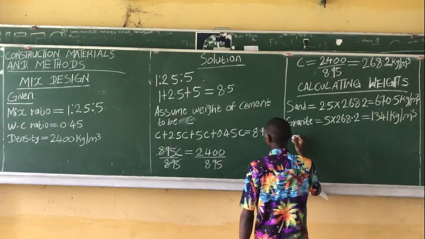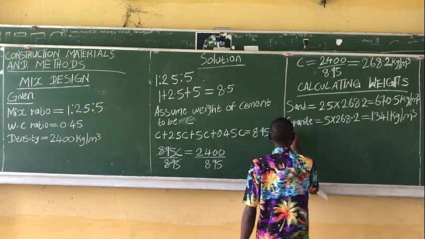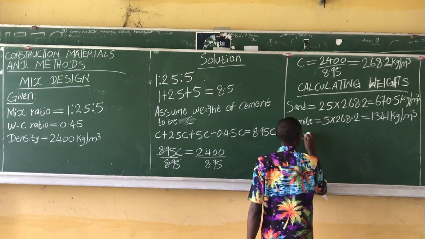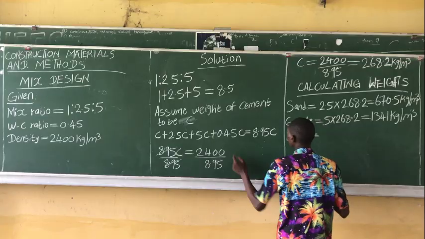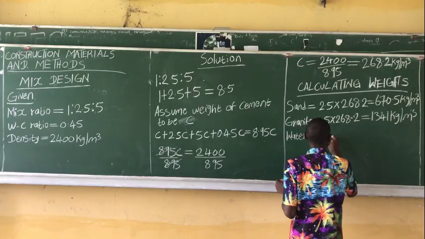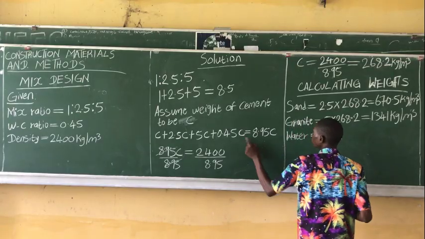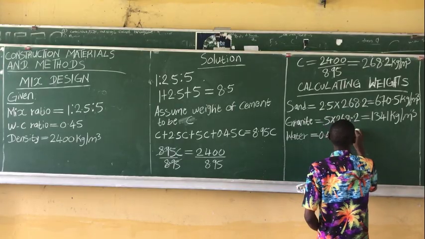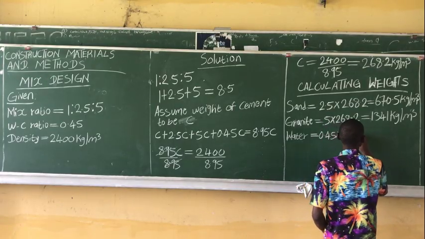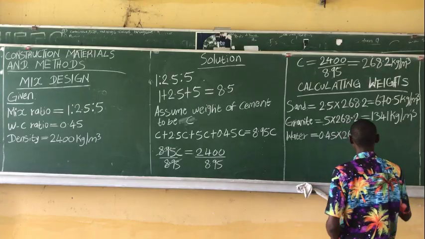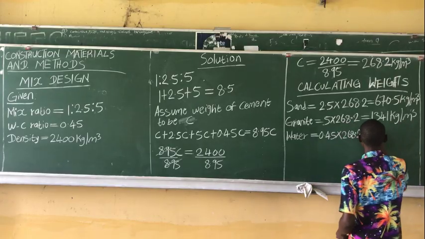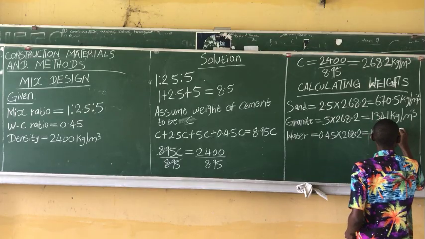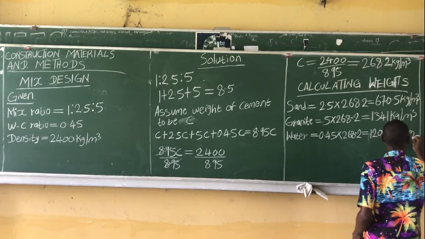Then finally we have the weight of water, which is equal to 0.45 times C, which is 0.45 times 268.2, and this gives us 120.69 kilogram per meter cube.